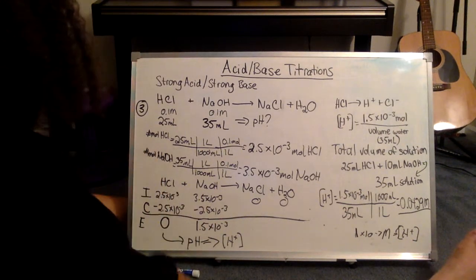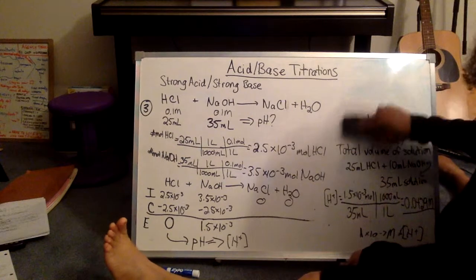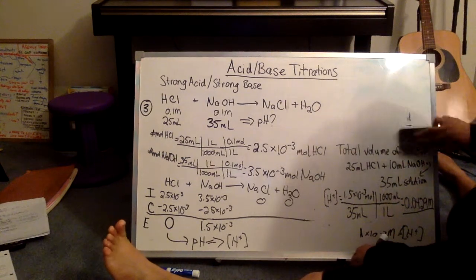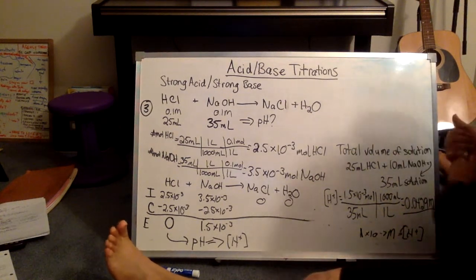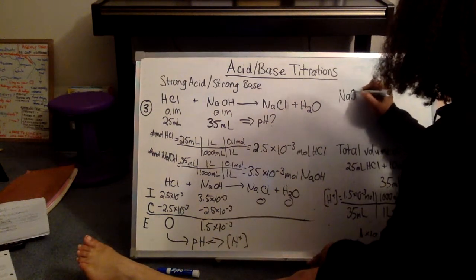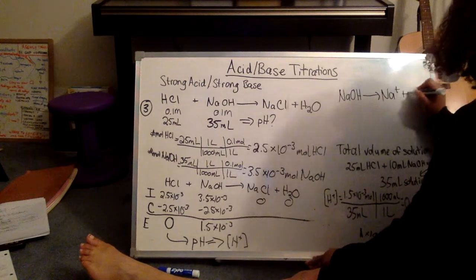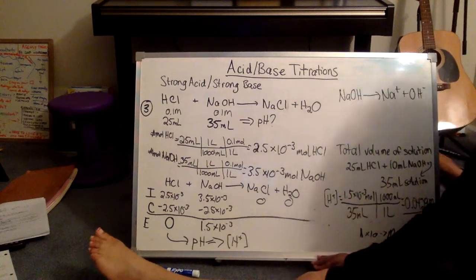So let's go over here and look. Before we had an excess of acid. Now we have an excess of base. So we have NaOH that is still dissociated to form Na plus and OH minus, right?